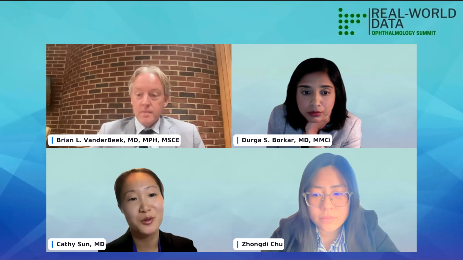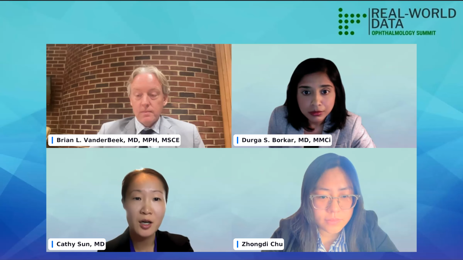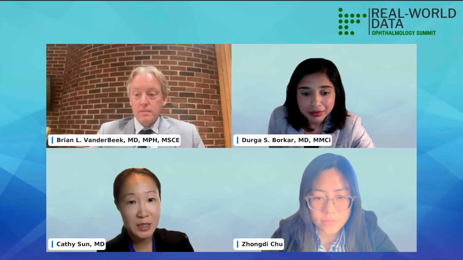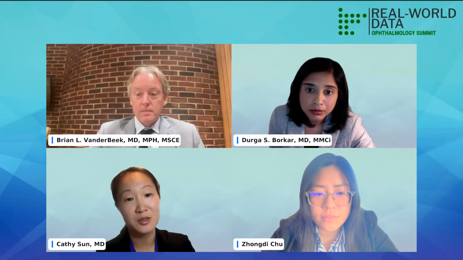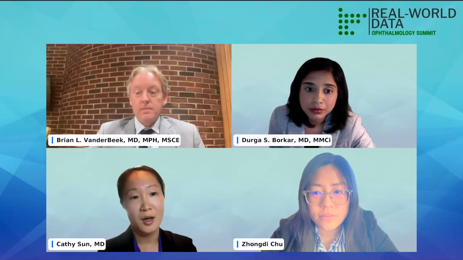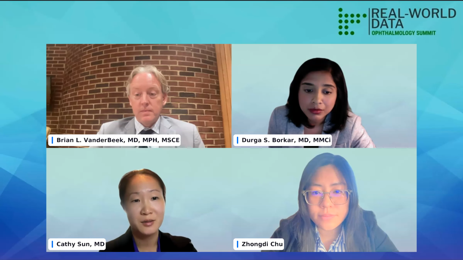But I think definitely large language models are going to be able to do a lot more in terms of identifying laterality, which we had trouble with, and then also disease severity for NPDR, which I didn't go into in depth in my talk, but I think that's really the next step, because rule-based algorithms involve a lot of expert opinion, but machine learning and large language models can do things a lot more automatically, and especially with linkage into Epic or other EHRs, I think that's probably going to be the way of the future.